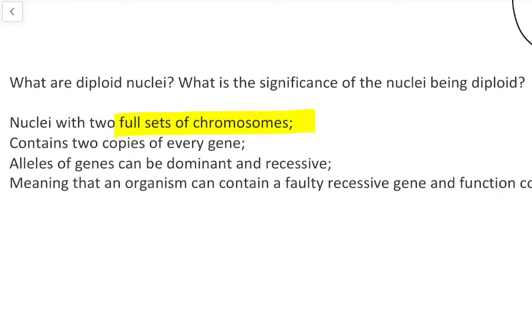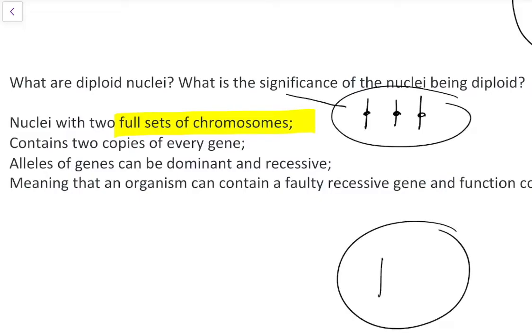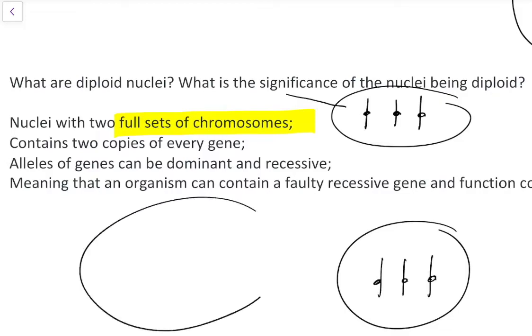So a set of chromosomes, if we considered a set of 3 chromosomes, then one set of 3 has come from the sperm, one set of 3 has come from the egg, and then when we join it together, we would have our full set, which is 2 copies of each chromosome.